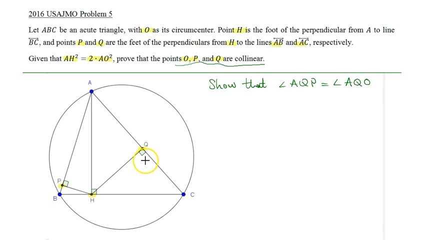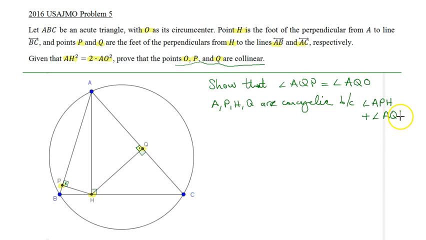But notice that we can further simplify this result because obviously points A, P, H, Q are concyclic, because you can see two supplementary angles here. Angle APH plus angle AQH is equal to 180 degrees. Let me write that down. Angle APH plus angle AQH is equal to 180 degrees.